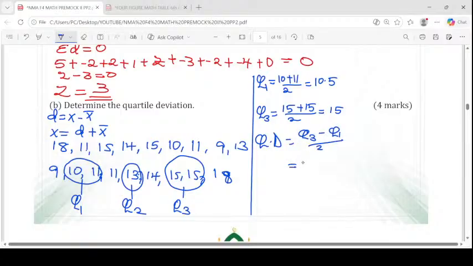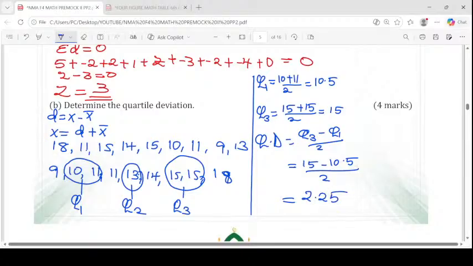So that is 15 minus 10.5 divided by 2. That is 2.25.